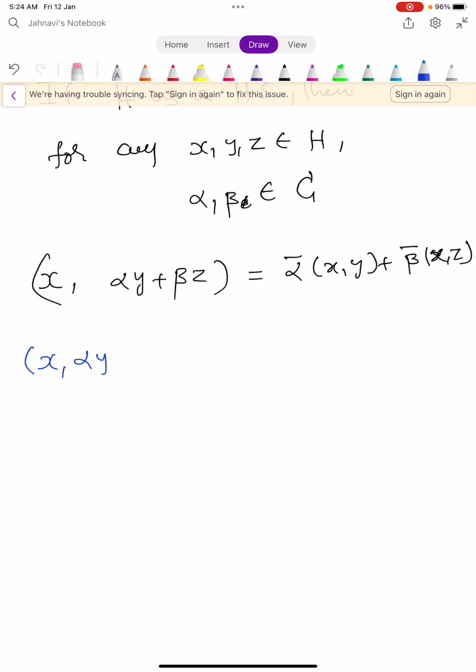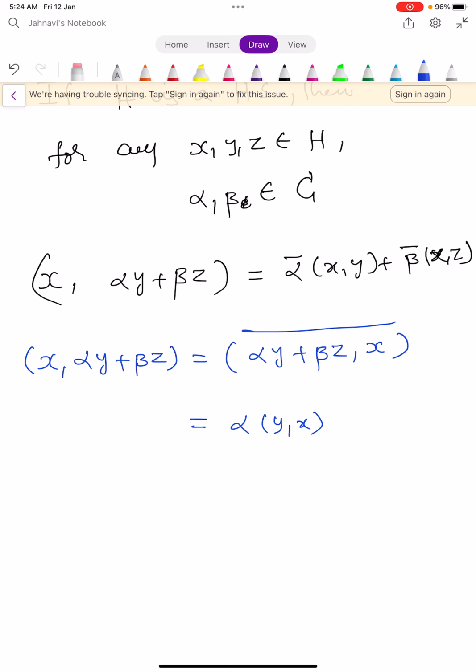The inner product of x comma alpha y plus beta z can be written, by using the conjugate symmetric property, as the inner product of alpha y plus beta z comma x, whole bar, which is equal to alpha into inner product of y comma x plus beta into inner product of z comma x, whole bar.